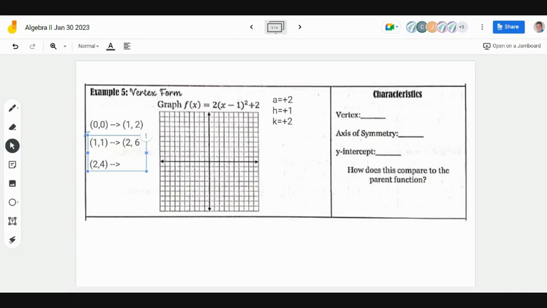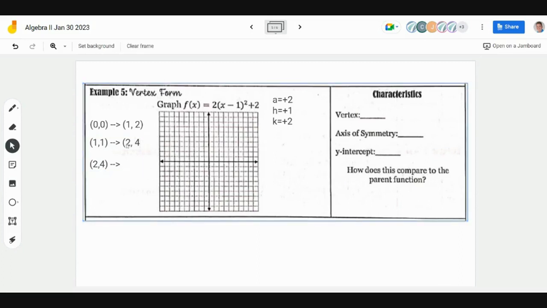Let's look at the point. 2 minus 1, 2 squared, and 1 squared, 2 plus 2. It's going to be 4. I really need to work the equation. If the x is going to be 2 now, because we've shifted it to the right one, 2 minus 1 is 1. 1 squared is 1. So 2 times 1 plus 2 is 4.